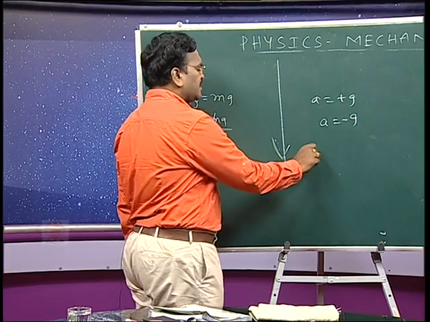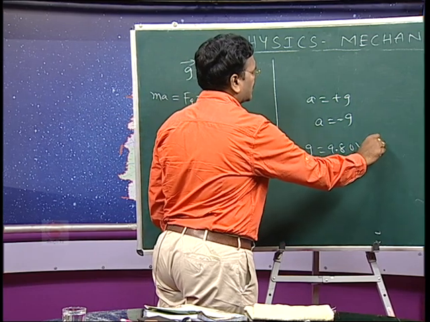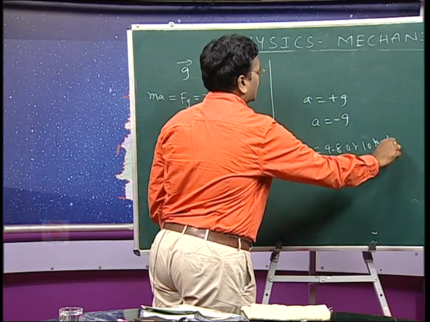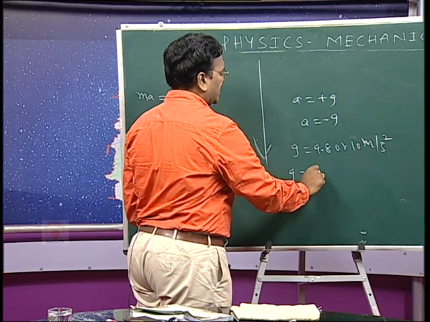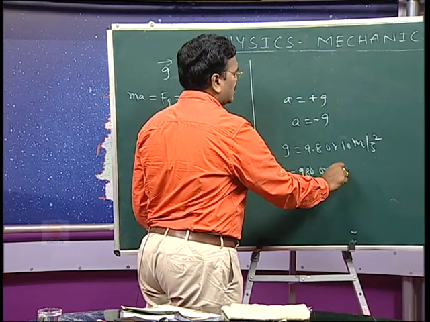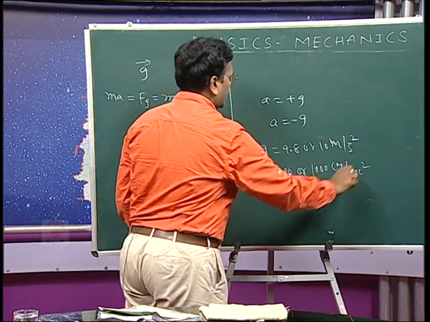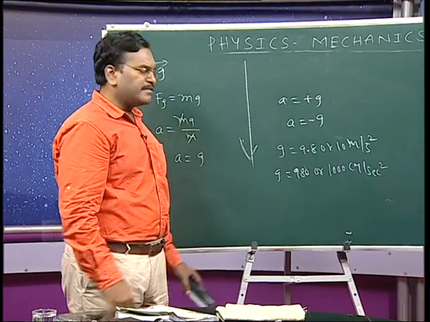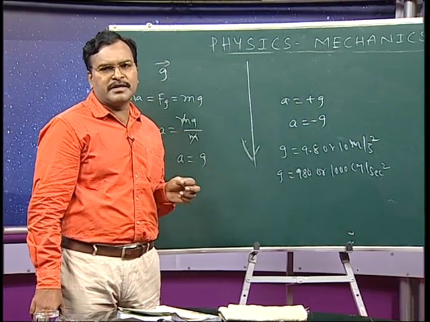Now, this g value is different at different places. On the surface of the earth, what do we take? g is equal to 9.8 or 10 meter per second square. In the CGS system, we take 980 or 1000 centimeter per second square. So, its value changes from place to place.